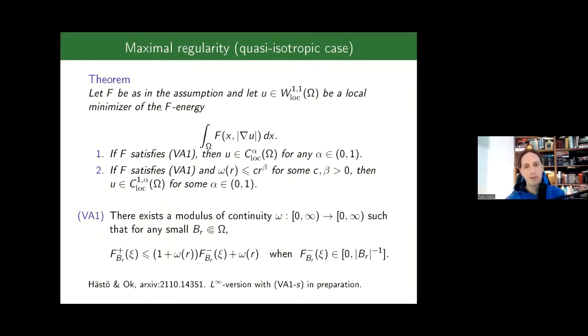Okay, so in this quasi-isotropic case as well, the main point is to not have these absolute values, which for some reason are written here. The point of this theorem is to have no absolute values, and we can still get the same results.